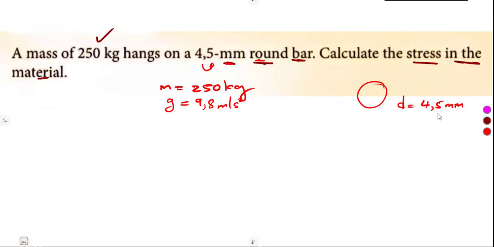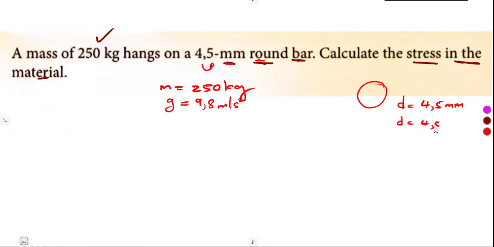Like I said, you can convert this to meters, it is up to you, or you can work with the millimeters as they are. Okay, let's say you do write this in meters.